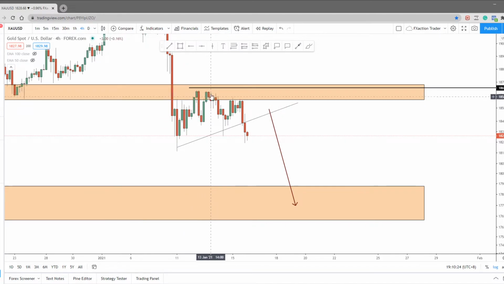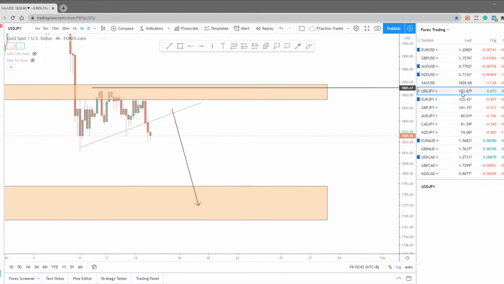There is a double top here, followed by a trend line break. But gold recently is very volatile, so please trade according to your account size, and trade wisely with proper risk and money management.